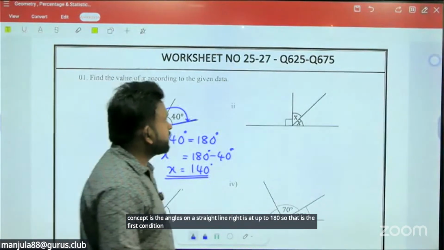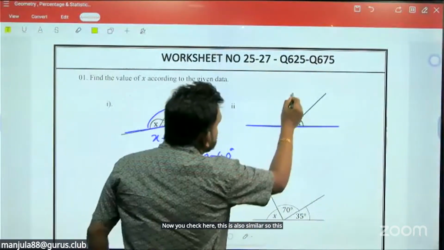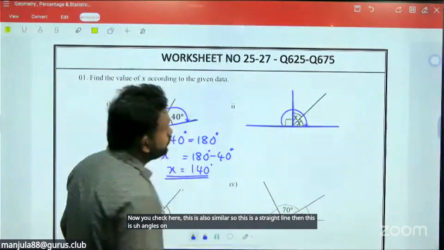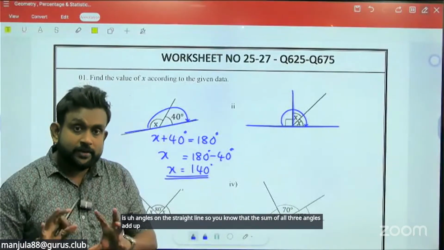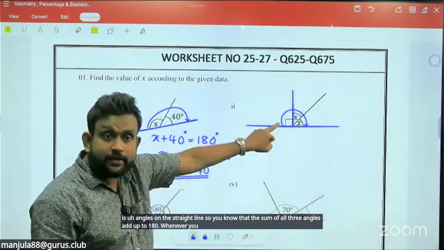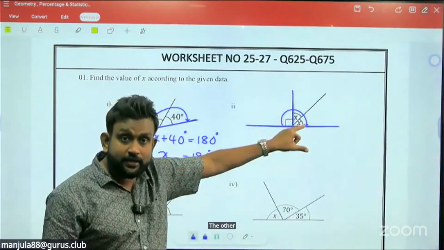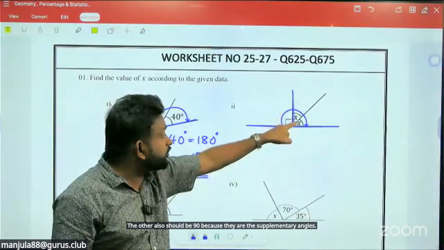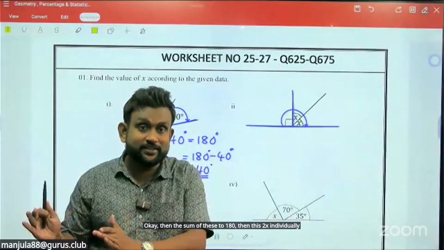Now check here, this is also similar. This is a straight line, so these are angles on a straight line. The sum of all three angles adds up to 180. Whenever you see one angle is 90, the other should also be 90 because they are supplementary angles. The sum of these two is 180, so this 2x individually equals 90 in the short way.